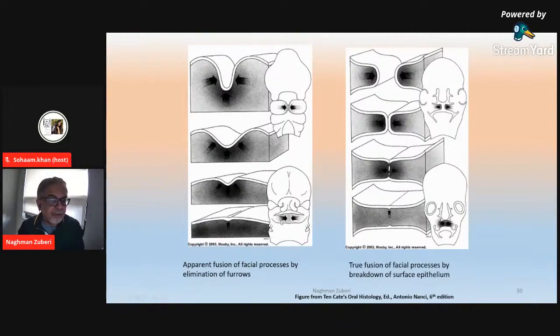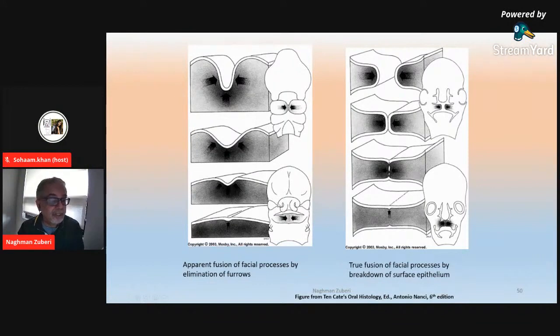So firstly, the fusion will start, and keep in mind the lower jaw forms before the upper jaw. The proliferation of these prominences will occur, and it shows that now they are going to fuse. The two nasal prominences appear around the placodes.